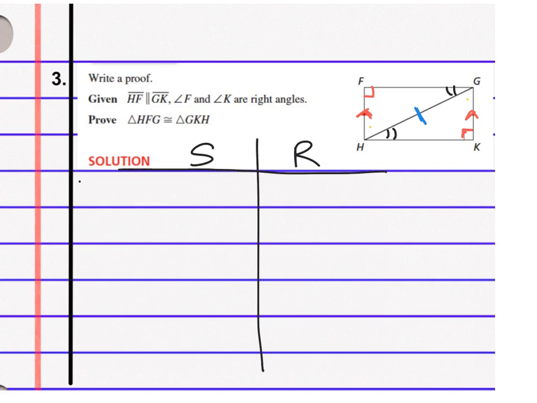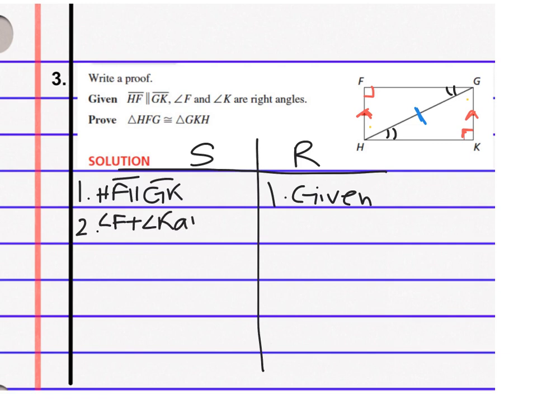So I'm always going to start with what's given. HF is parallel to GK, that's given. Angle F and angle K are right angles.